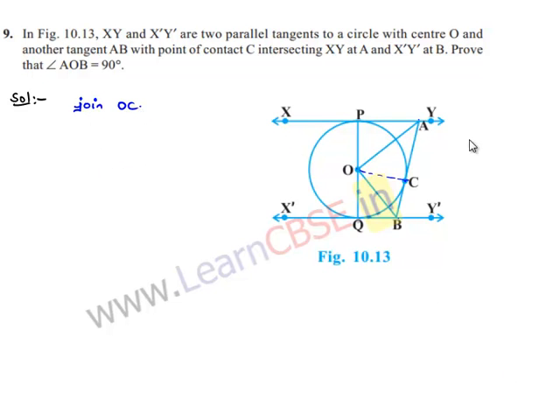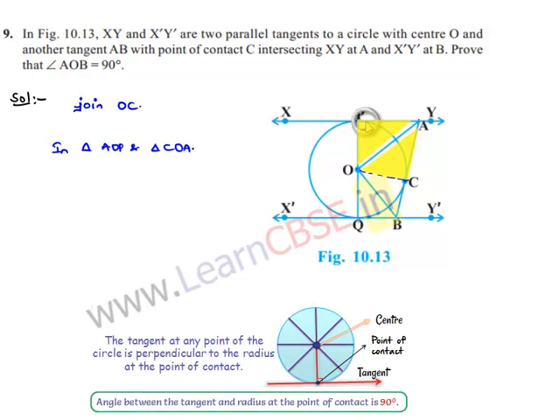Now let us consider the two triangles, that is triangle AOP and triangle COA. In these two triangles, angle OPA is equal to angle OCA, that will be equal to 90 degrees, since at the point of contact the tangent and the radius will subtend an angle of 90 degrees, and here in both the triangles we have OA as the common side.